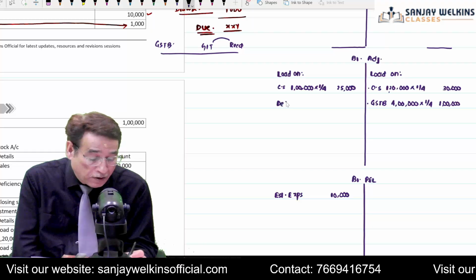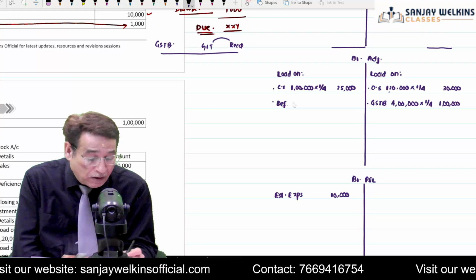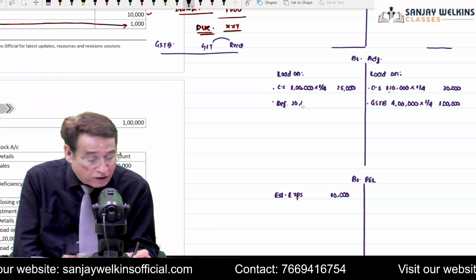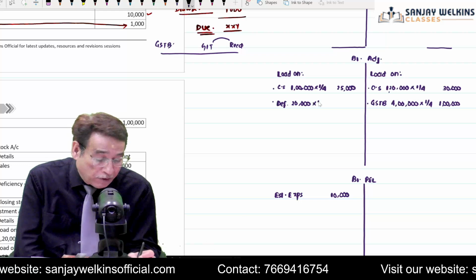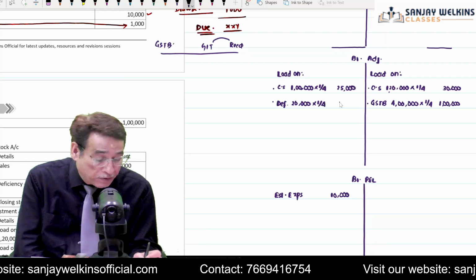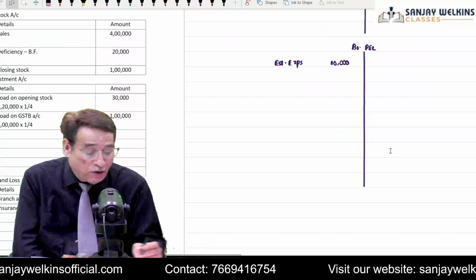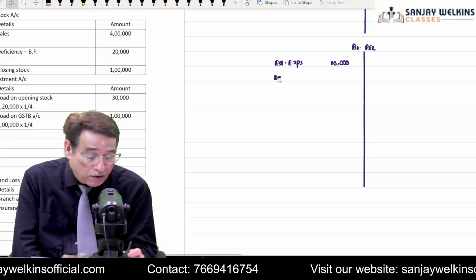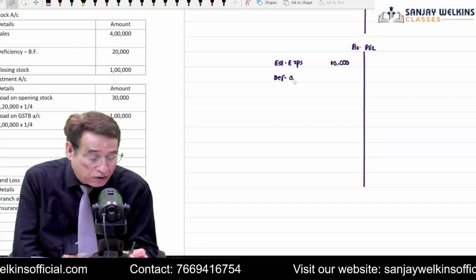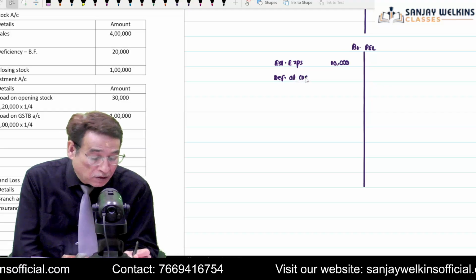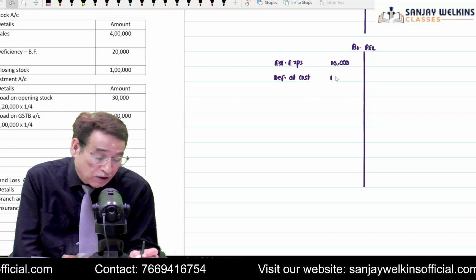We will write here loading on deficiency. Deficiency amount is 20,000, so 20,000 into 1 by 4, 5,000 will be the loading portion. And deficiency at cost we will write over here. Deficiency at cost, 20,000 minus 5,000, that is equal to 15,000.